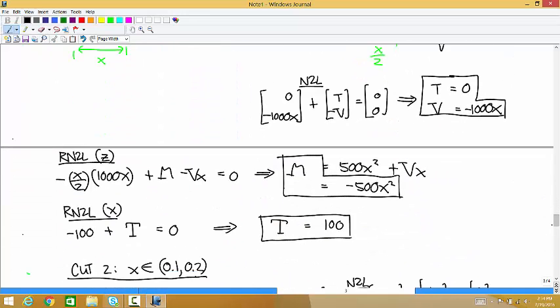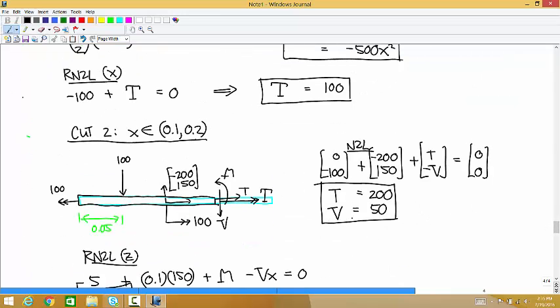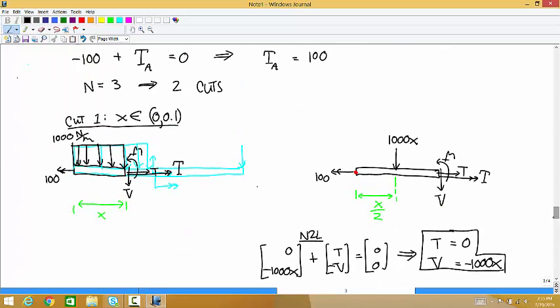So go to cut 2, look at the shear force, it's a constant, so that works. What about cut 1? The q value is 1,000, it's constant. Negative dV/dx is 1,000, so that one works.